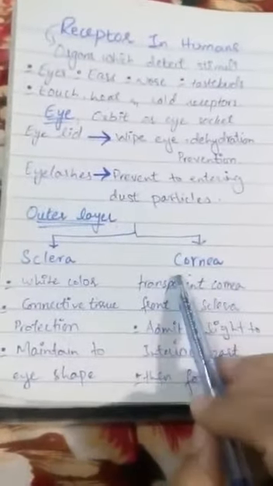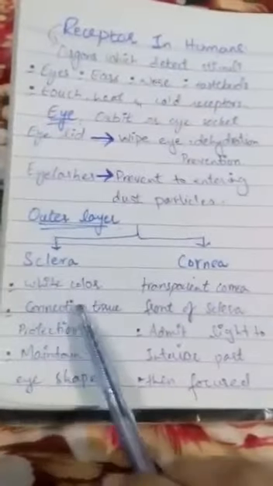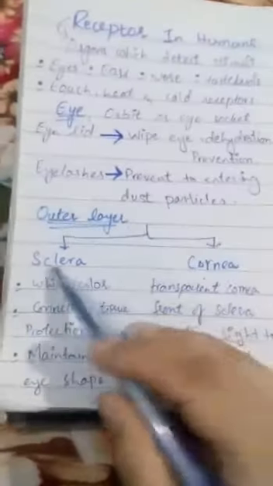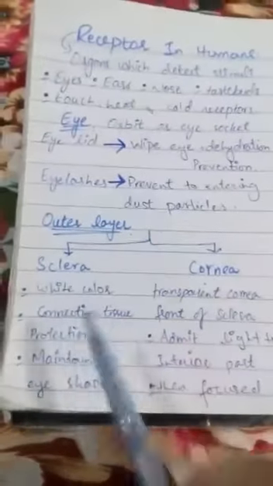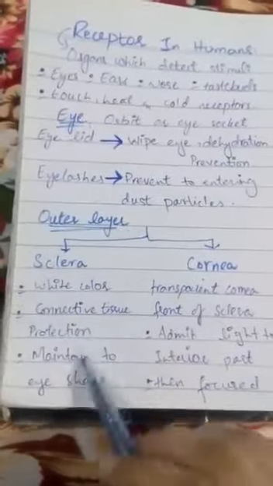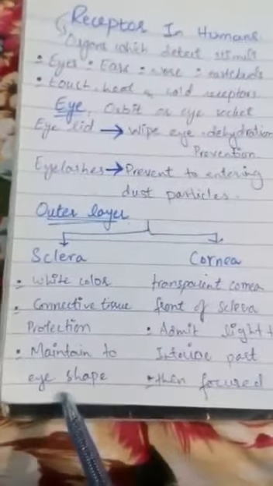What is the sclera? The white color which we see at the front of the eye is known as the sclera, and it is made up of dense connective tissue, which protects the inner components of the eye. It also maintains the shape of the eye.